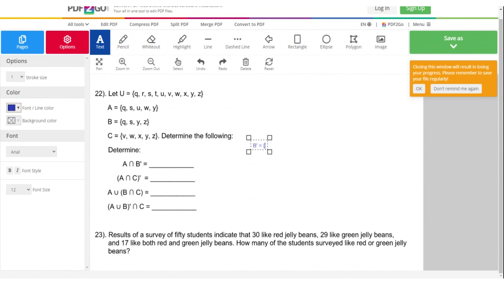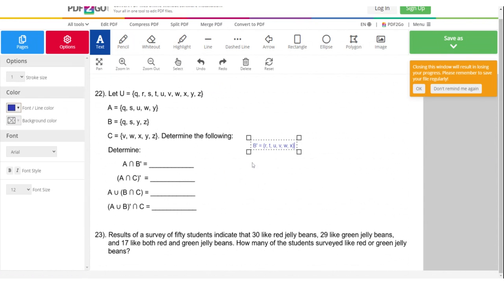So we got R, T, U, V, W, X, and that should be it. Is that the complement? Should be everything that's not in B: Q, R, S, T, U, V, W, X, Y, and Z.